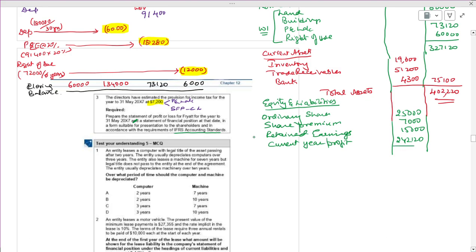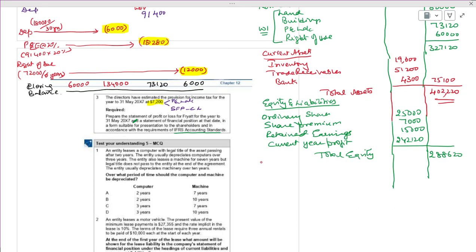How much will you get? 288,620. This is total equity.